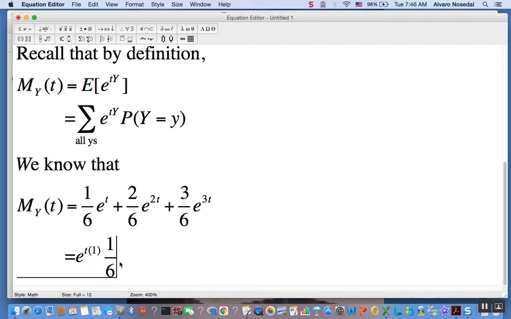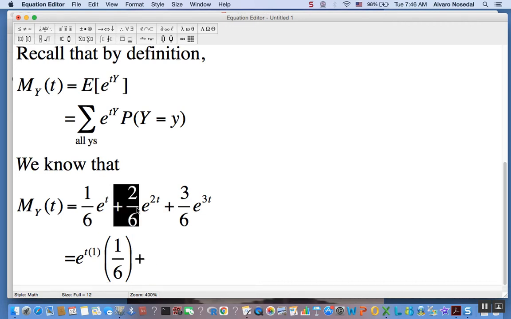The first term is 1 over 6 times e to the power t. That's the same as e to the power t times 1 times 1 over 6. Agreed? For the second one I'm going to do something similar with the other two.